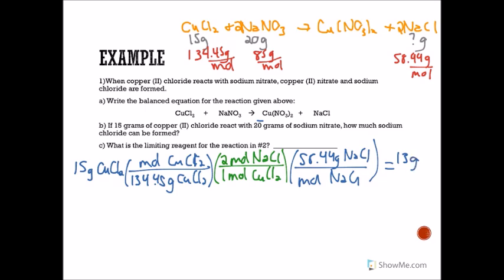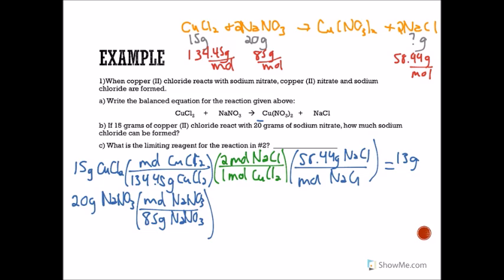And then we do the same thing for sodium nitrate. We start with 20 grams of sodium nitrate, and we convert to moles with 85 grams of sodium nitrate per mole of sodium nitrate. We use our molar ratio.